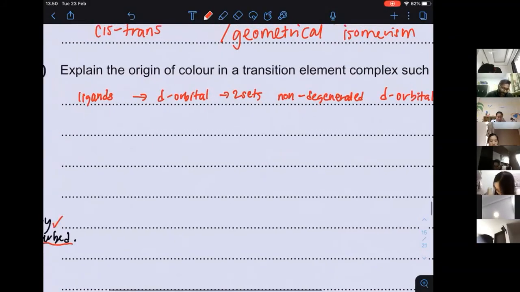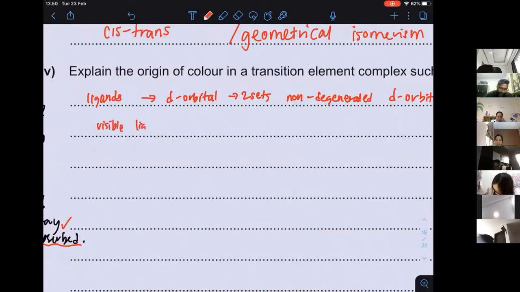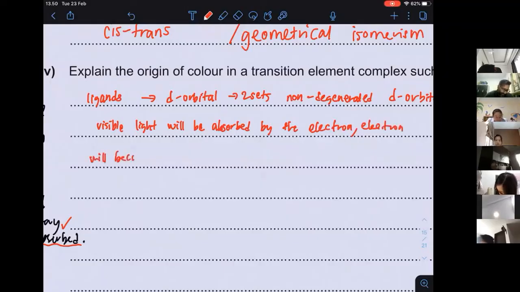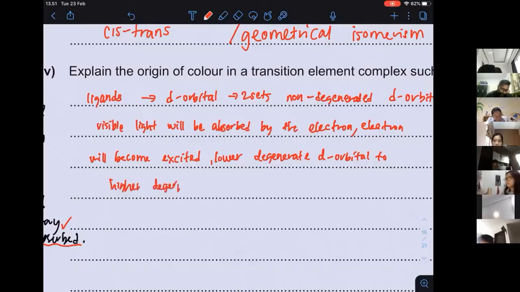So the visible light will be absorbed by the electron, where the electron will become excited or promoted, and they move from lower d orbital to higher d orbital.